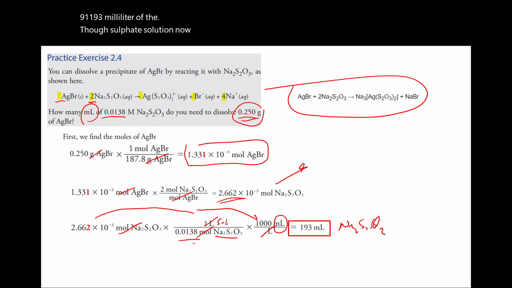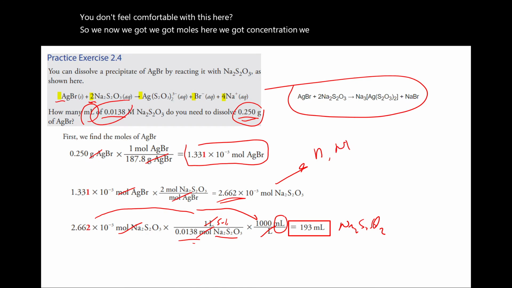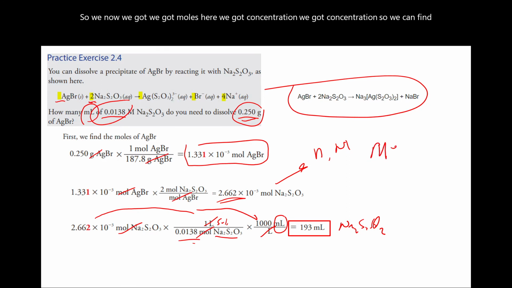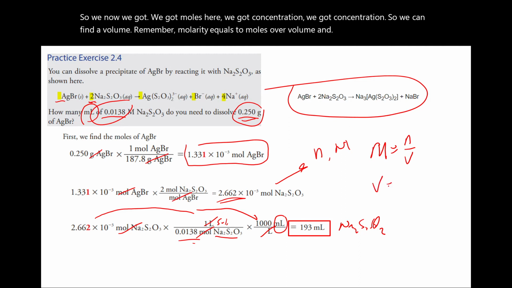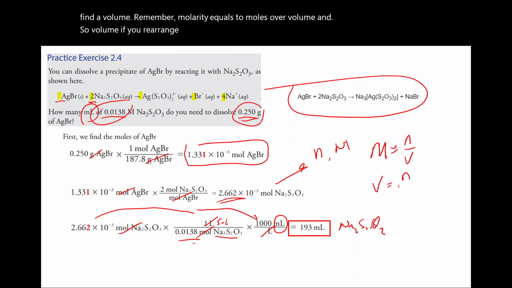Now, you can do it this way if you don't feel comfortable with that. We have moles, and here we have concentration, so we can find volume. Remember, molarity equals moles over volume, so if you rearrange that, volume would be moles over concentration.